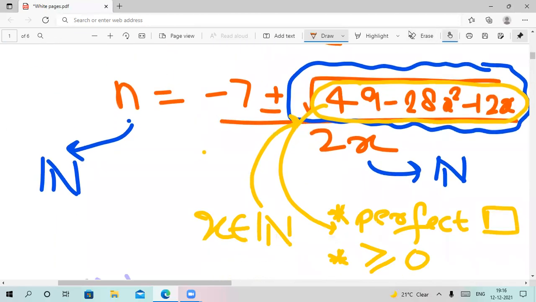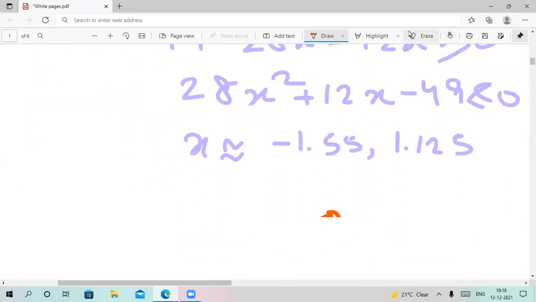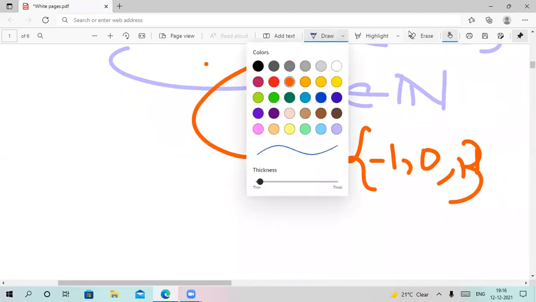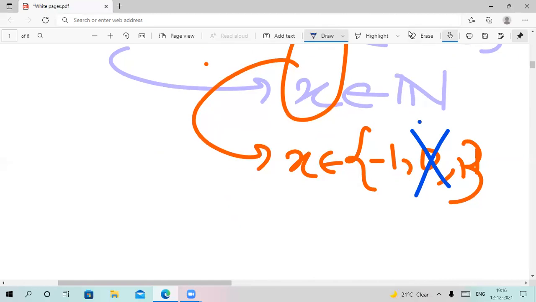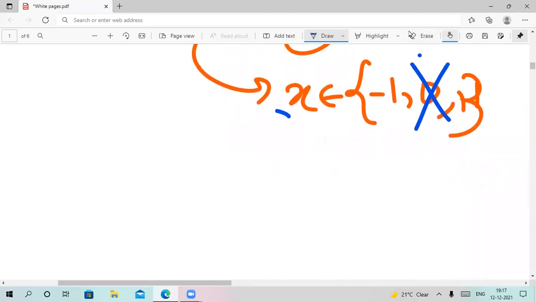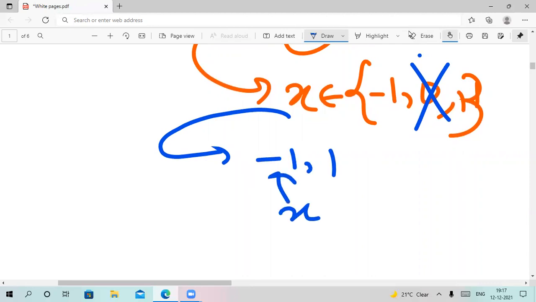Because in the value of n you can see x is in the denominator, and the denominator can never be 0. So x cannot be 0, so this value needs to be removed from here. All right, so the only two values of x which we have are -1 and 1. These are the only two values of x which we can have.